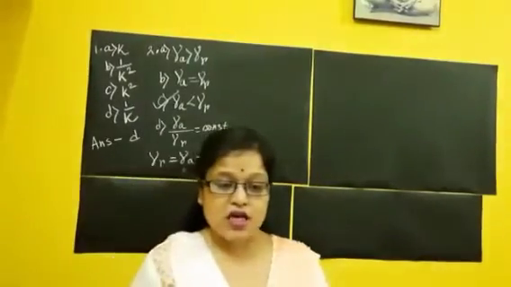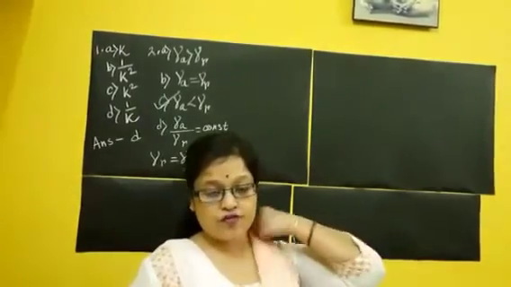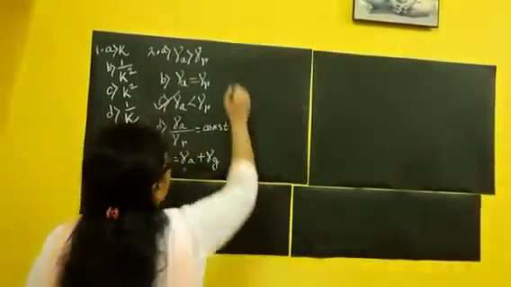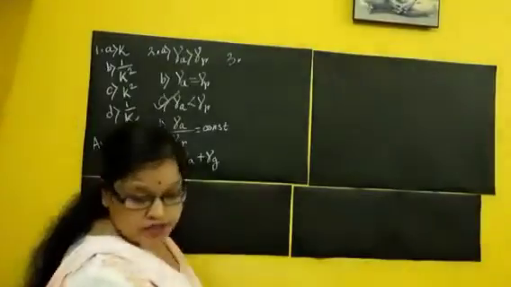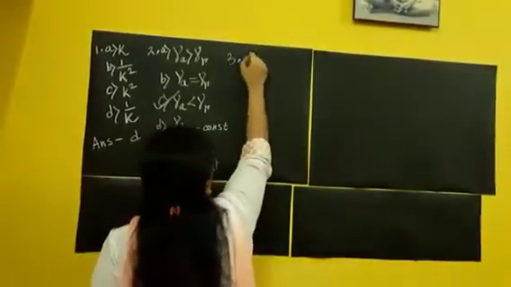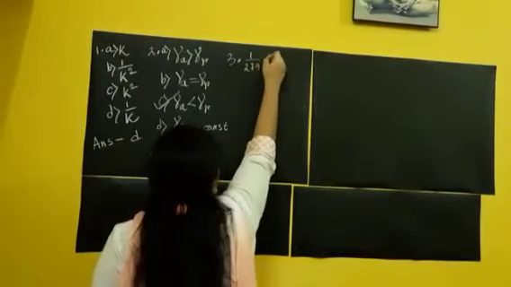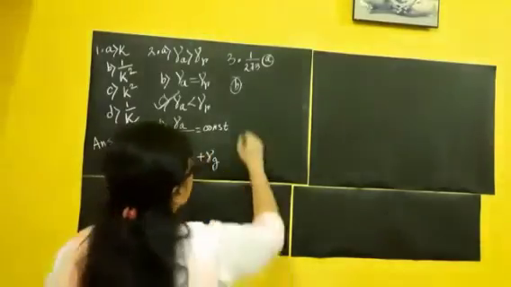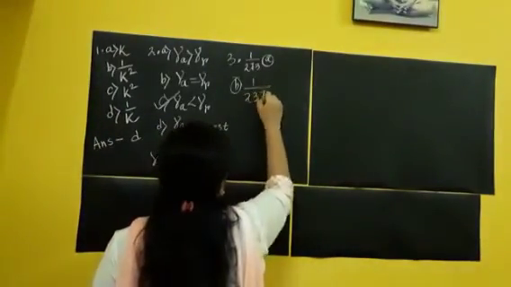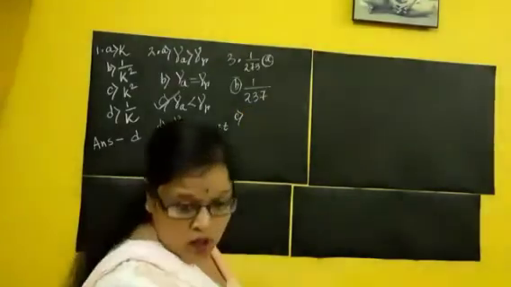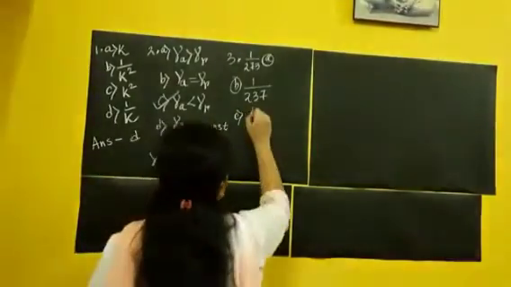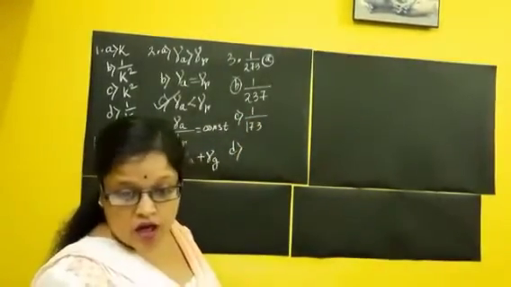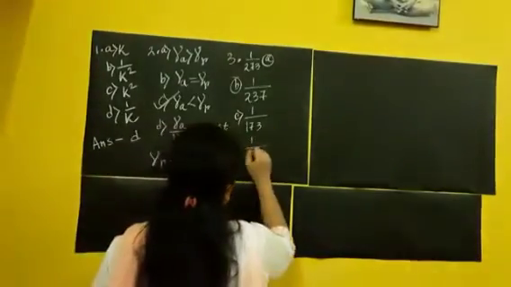The next question is the value of the volume expansion coefficient of a gas. For question number 3, the options given are: A, 1 by 273; B, 1 by 237; C, 1 by 173; and option D, 1 by 137.